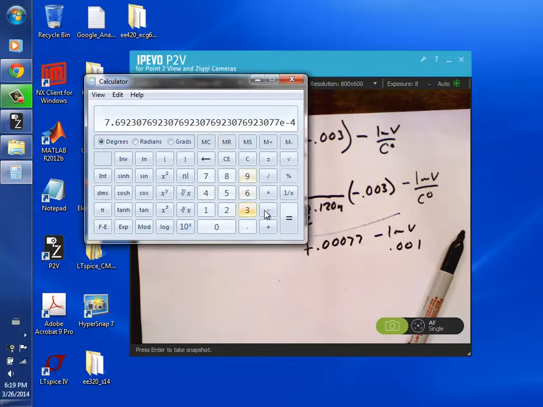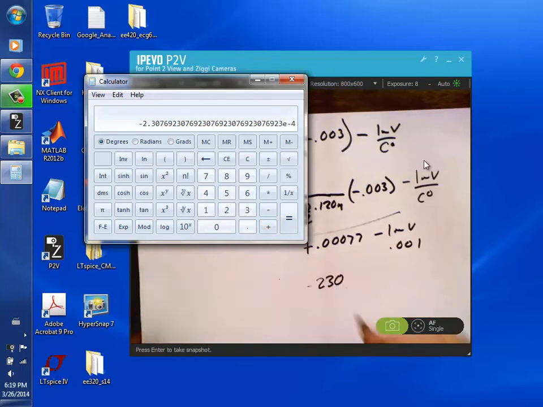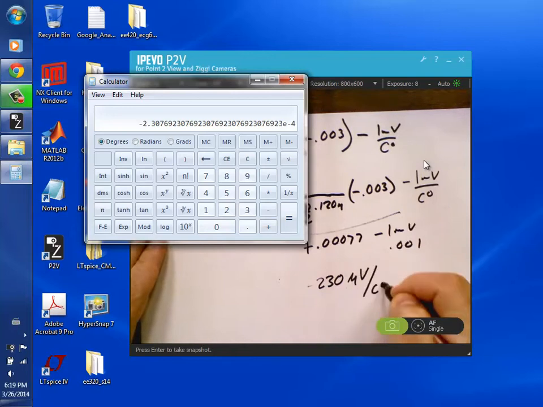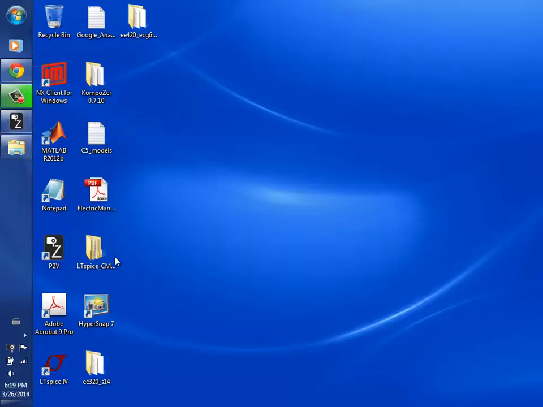So minus 0.001 equals, so it's still slightly negative, but it'll change it, roughly 200 minus 230 microvolts per degree C. Now let's find out. Any questions? Okay, so let's go to figure 2015.